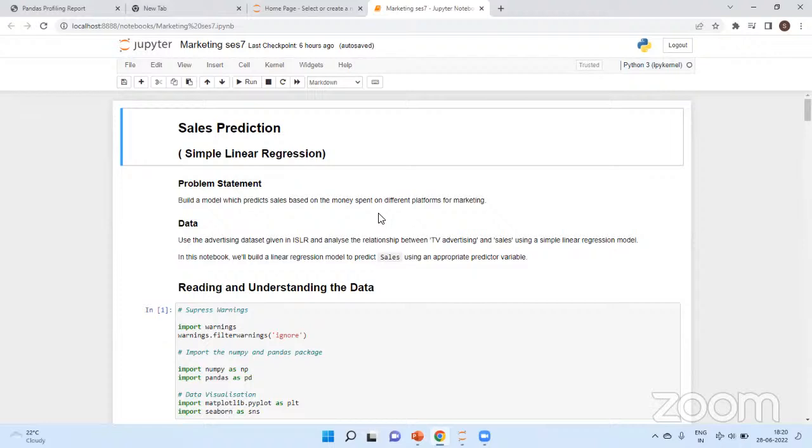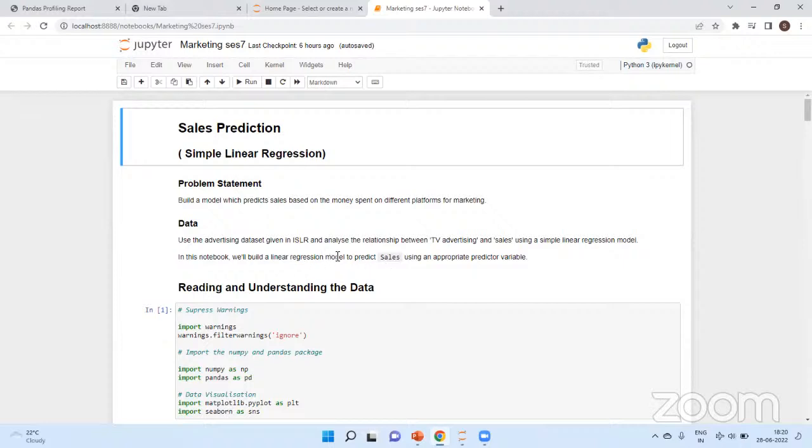And here, using the advertisement data set, we can analyze the relationship between TV advertising and sales: how advertising impacts or improves the sales. So we use a simple linear regression model in this notebook.